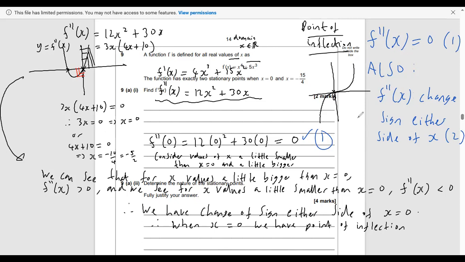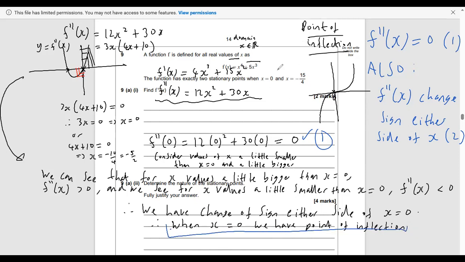If the acceleration of your original graph is changing either side of that coordinate where f''(x) equals 0, then it tells you that there's a point of inflection. So we just got to be careful with that one. We know that x equals 0 gives us a point of inflection. So that's the first point done.